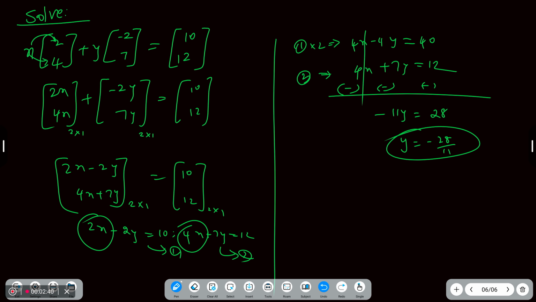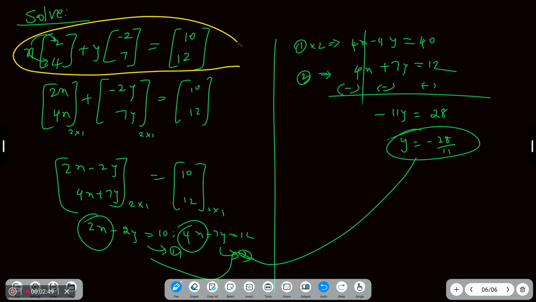If you substitute this in one of these, you will get the x value also. This is the way to do such questions they will ask in a 2 mark or 3 mark. Okay, this is one type.